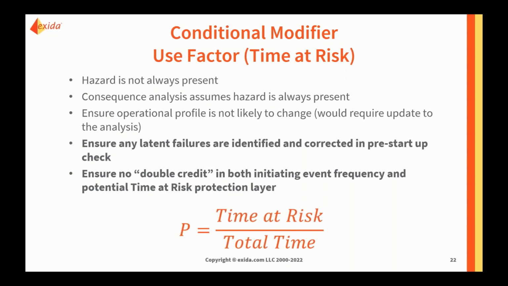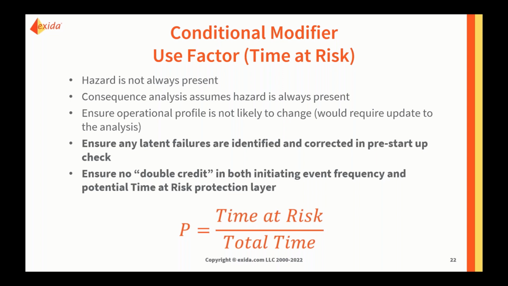And also there's a second problem, and again, this can show up depending on how we're looking at our initiating event. If we're looking at an initiating event with an idea of exposure to a particular hazard, that already has embedded within it a time at risk.